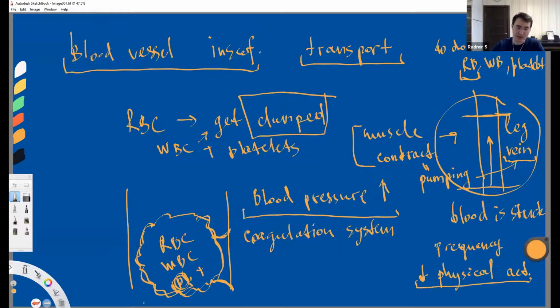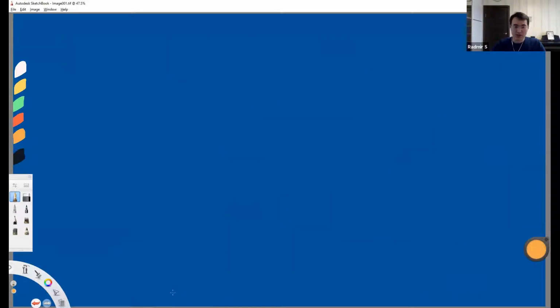In this case, this clump, or the thrombus, will suffer the pressure from below. Sometimes it may lead to the detachment of this thrombus, and it will float towards the heart. So as you understand, we have legs, then this is leg vessels.